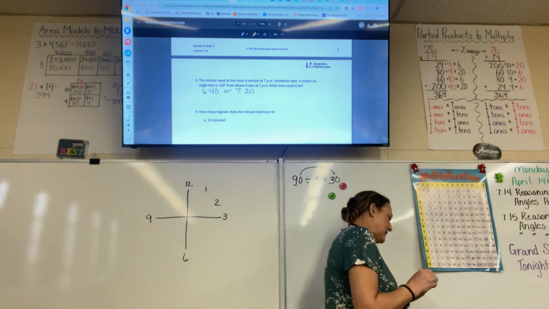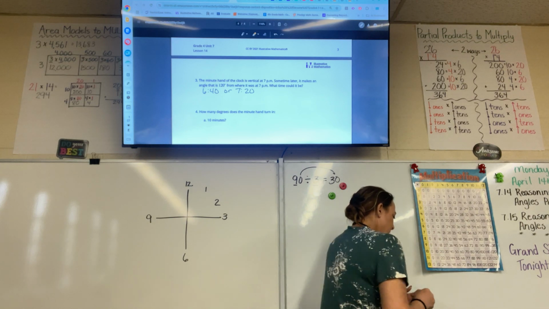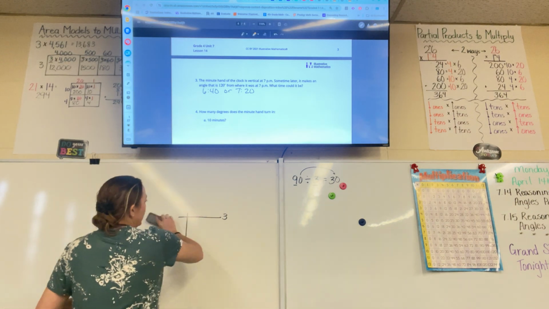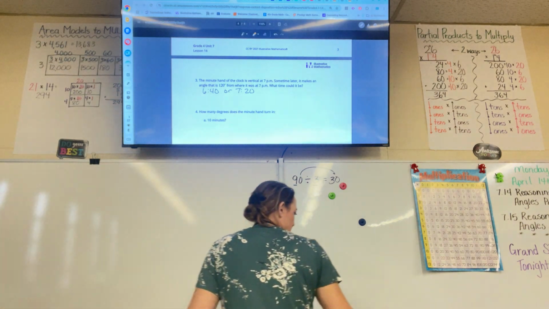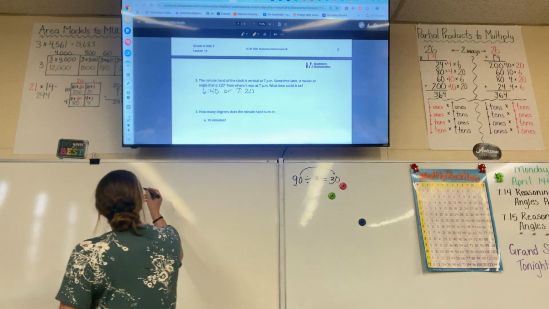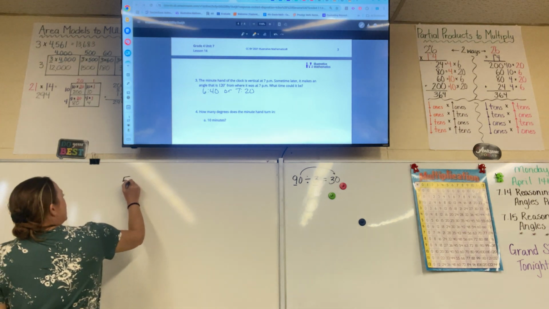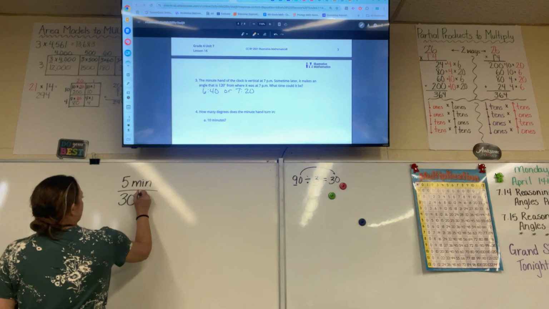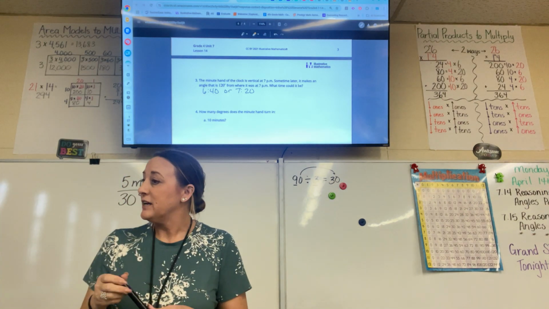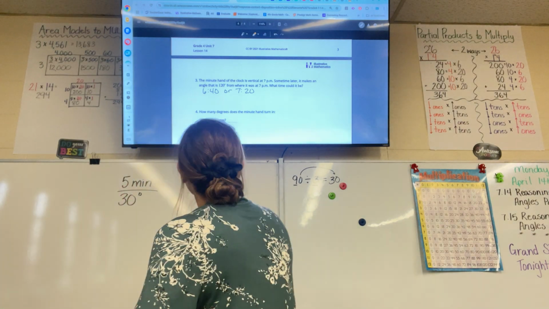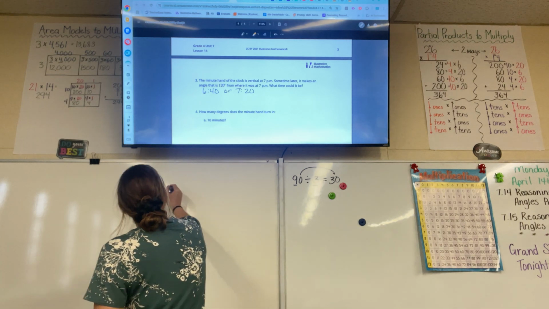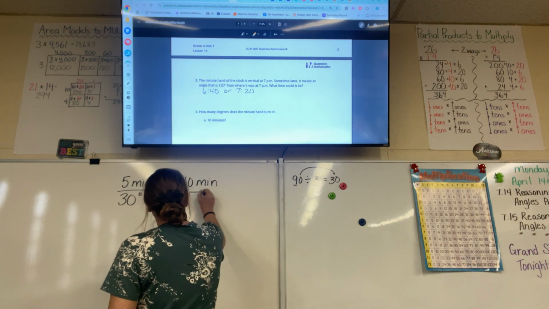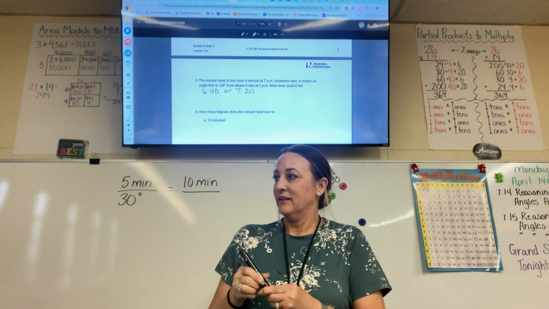How many degrees does the minute hand turn in 10 minutes? This is our starting place on this one. We know from our previous problems that 5 minutes is 30 degrees. 5 minutes makes a 30-degree angle, right? So, how many degrees would a 10-minute change be?